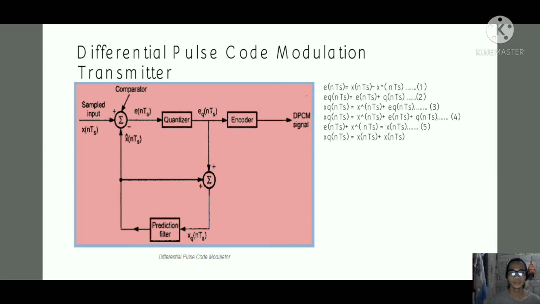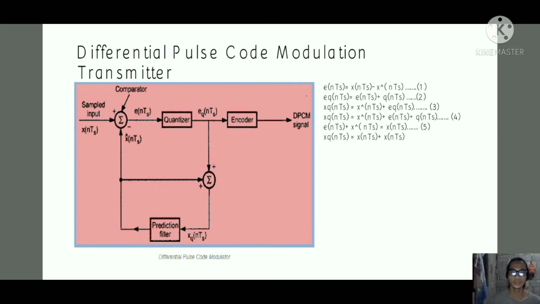Here, the predicted value of x of nTs is produced by using a prediction filter, a signal processing filter. The quantizer output signal e_q of nTs and the previous prediction are added and given as input to the prediction filter.